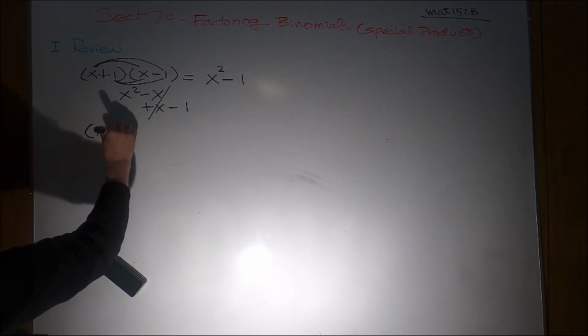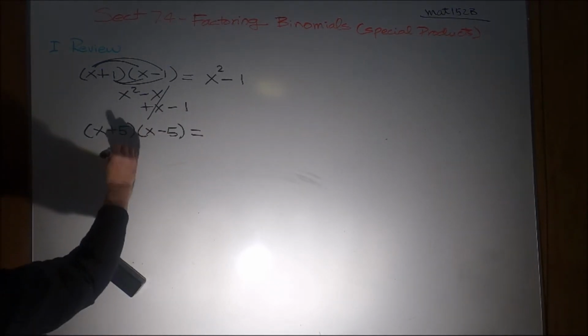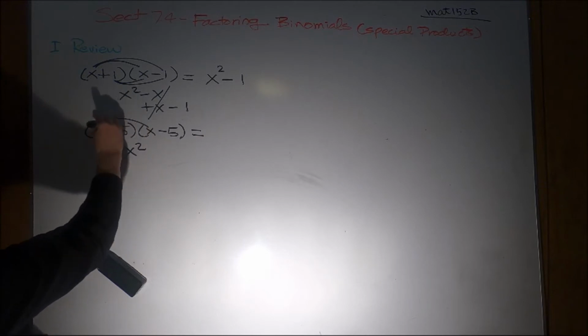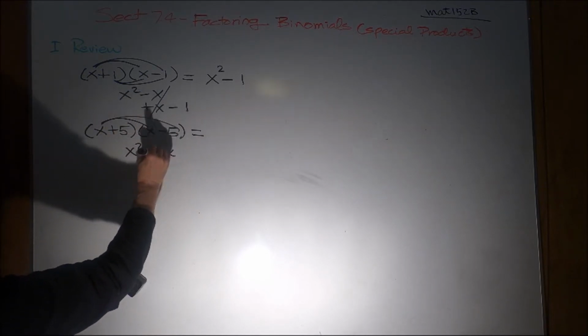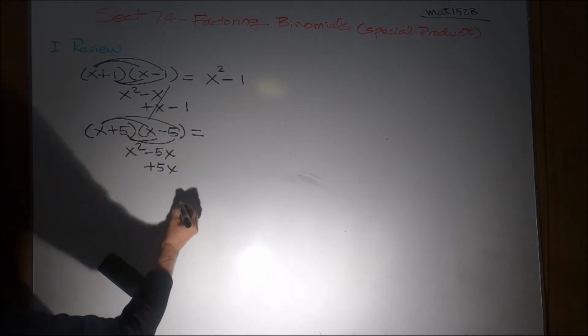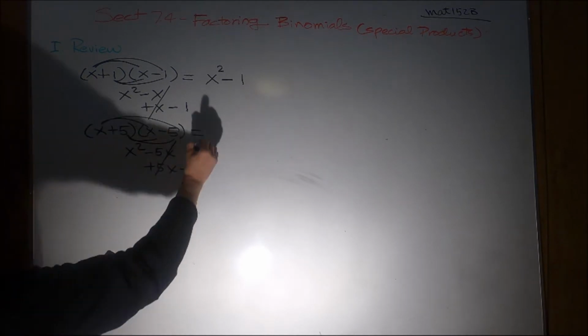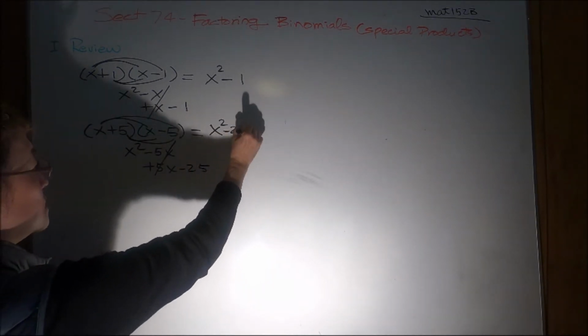Let's see. If I have x plus 5 times x minus 5, so you have what? x squared minus 5x and plus 5x and what? Minus 25. Middle part cancels out. So we have x squared minus 25.